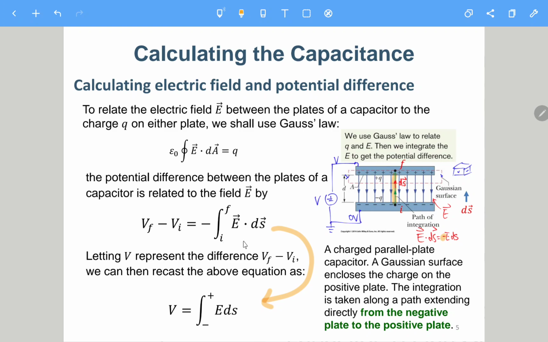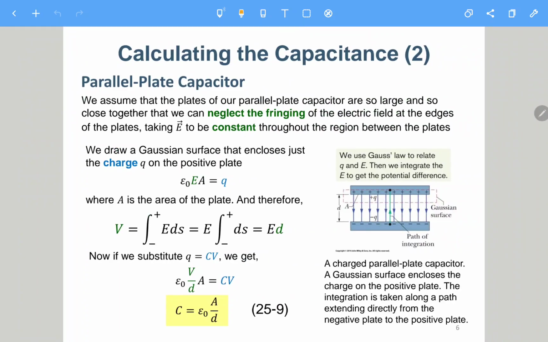Of course, I is the negative plate and F is the positive plate, so here we use negative and positive as the lower and upper bounds. And here we only have E times ds rather than E dot ds, so we don't need to consider the direction of the E field anymore. So we just simplify it like this. I think we still need to use this one and also this one for the coming steps.